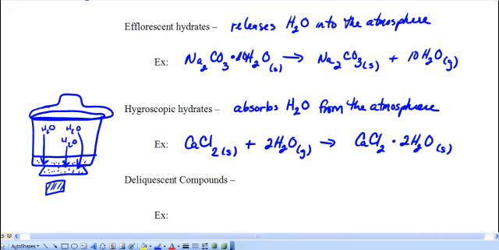Now, some substances will do this to such a large extent that they will dissolve themselves in their own water of hydration. And that's called deliquescence. Deliquescent compounds absorb so much water that they dissolve themselves.